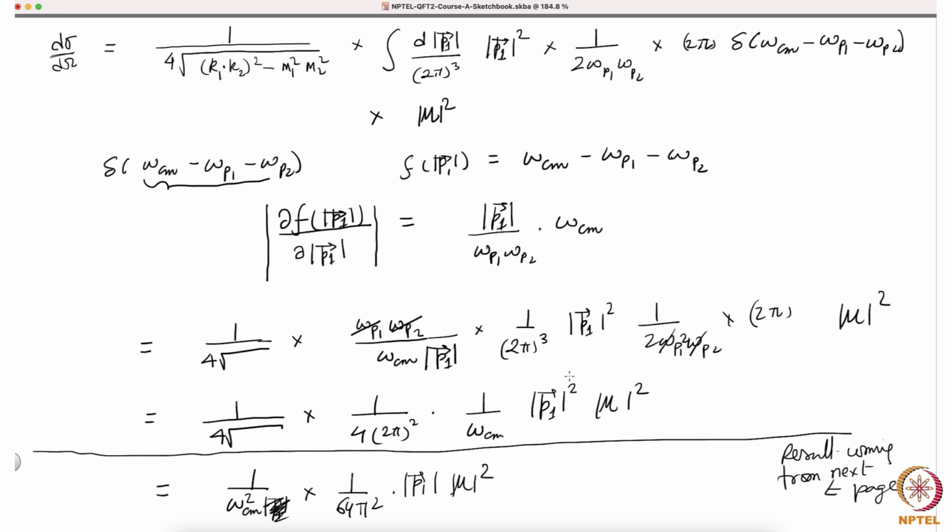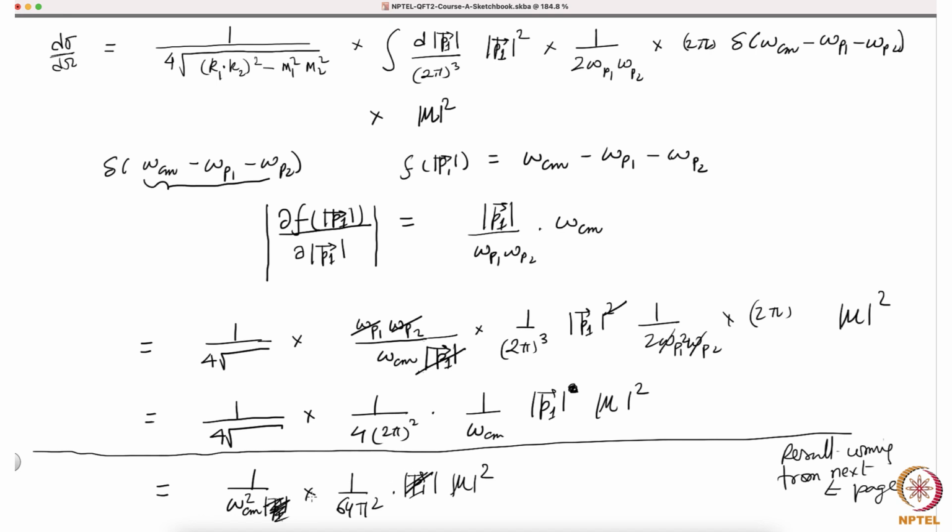So this should have been P1, not P1 square. Correct, because I forgot to take into account this piece. So this will cancel this one, so that you have only P1, and this P1 which I had will cancel this P1.